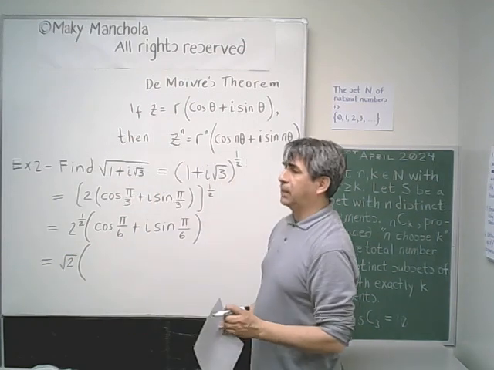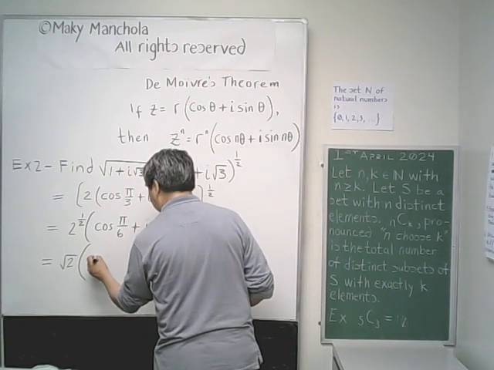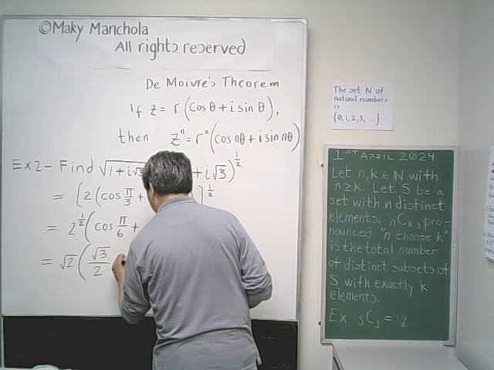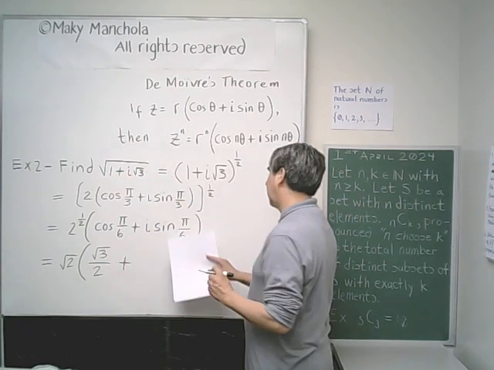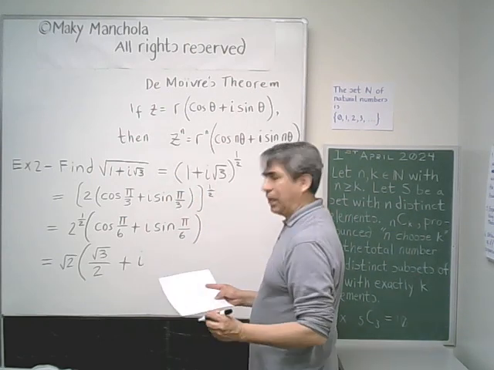Cosine of pi over 6 is the square root of 3 over 2, plus i times sine of pi over 6, which is 1/2.